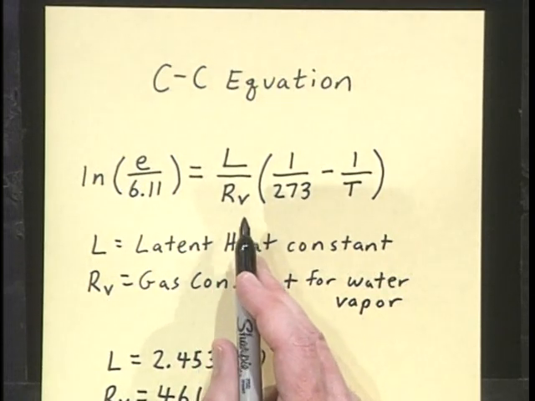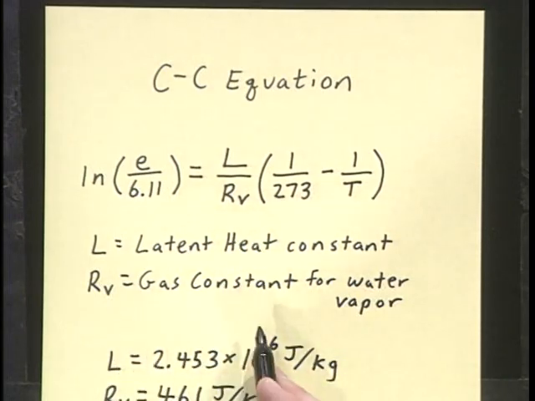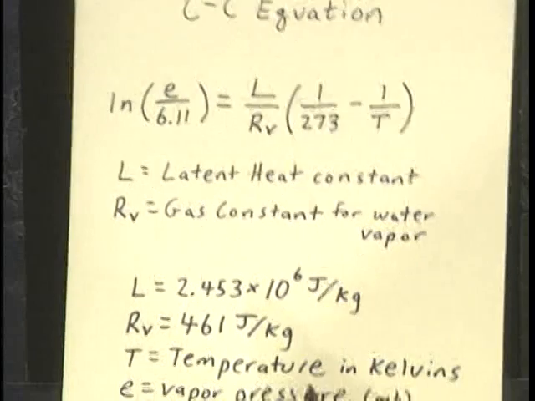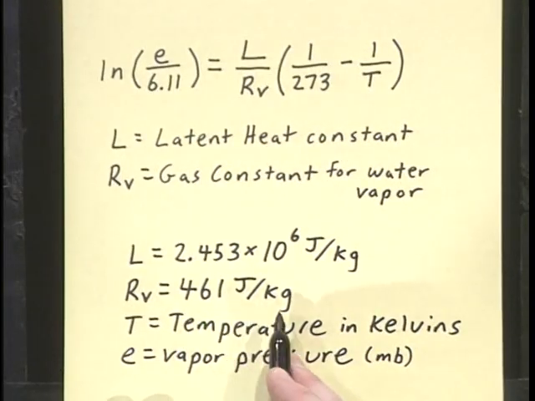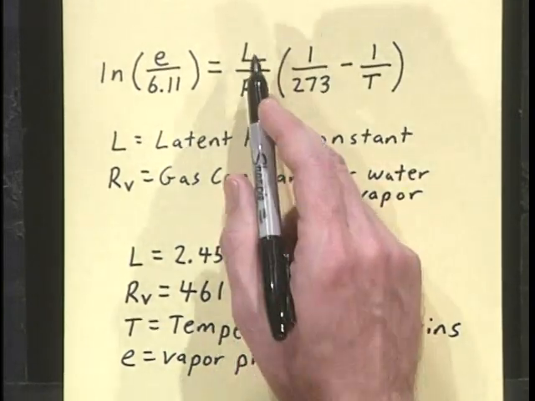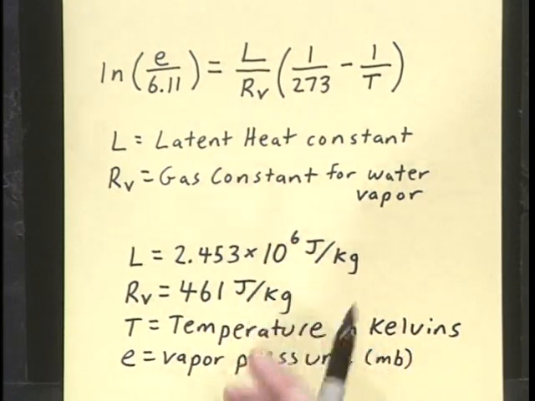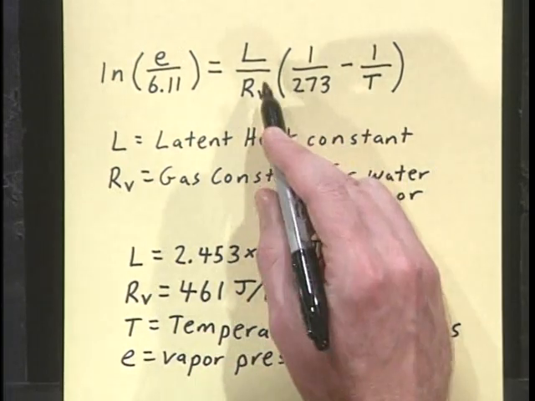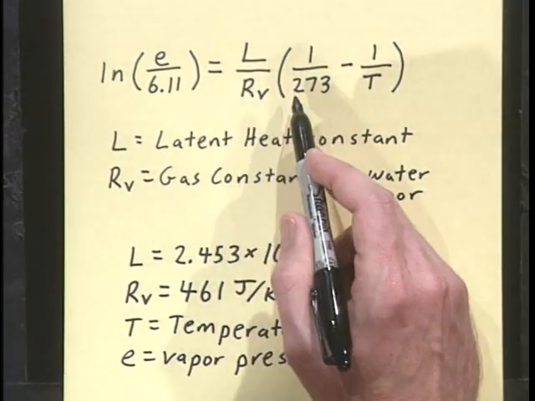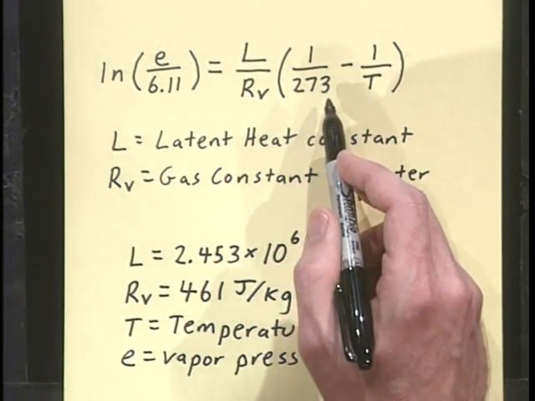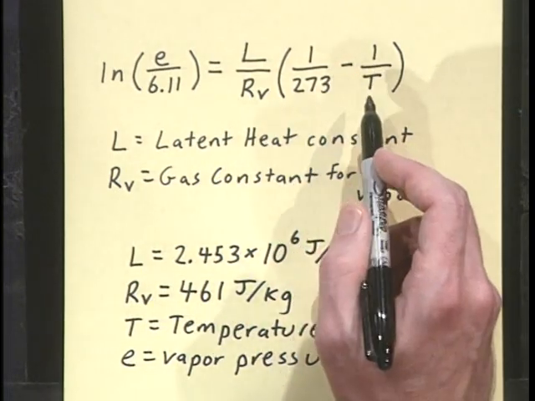Since we're looking at just the water vapor, we're using the gas constant for just the water vapor, the R_v, which has a constant value of 461 joules per kilogram per kelvin. So those two constants can be divided by each other to produce a new constant. Then these two constants are multiplied by 1 over 273 subtracted by 1 over T.